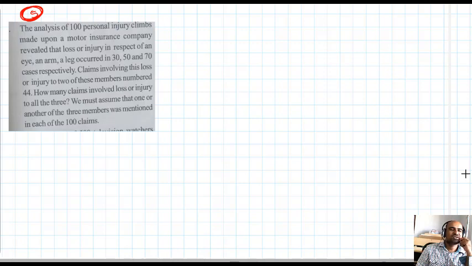Claims involving loss or injuries to 2 of the members numbered 44. How many claims involved loss or injury to all the 3? We must assume that one or other of these members was mentioned in each of the 100 claims.